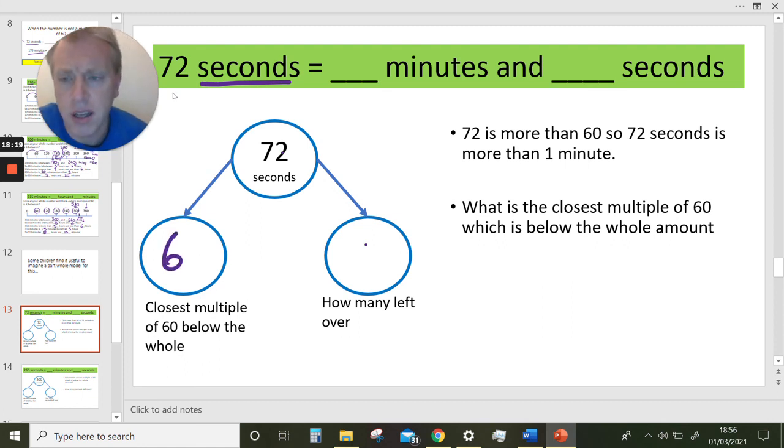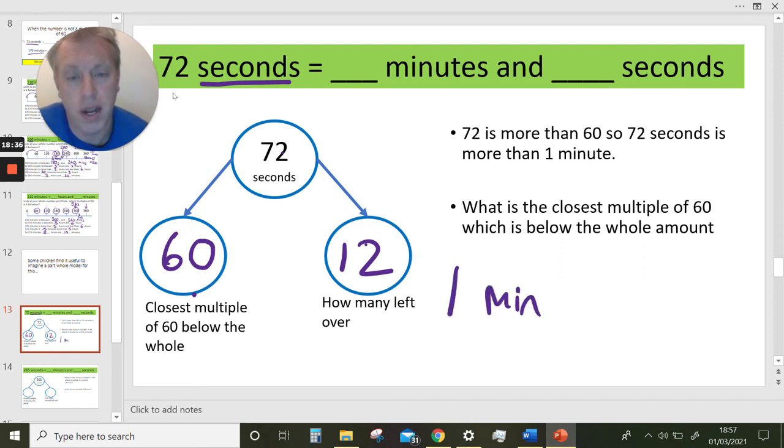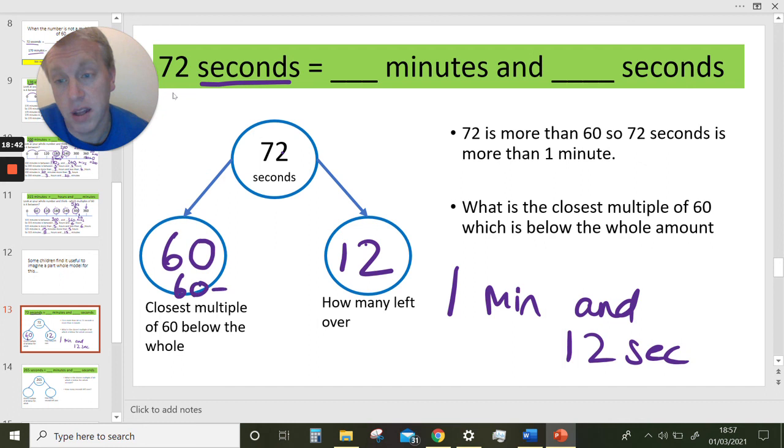So 60. And then 60 add what makes 72? 12. So that means one group of 60 and 12 seconds. 1 minute and 12 seconds. Because 60 divided by 60 makes 1. 1 minute and 12 seconds.